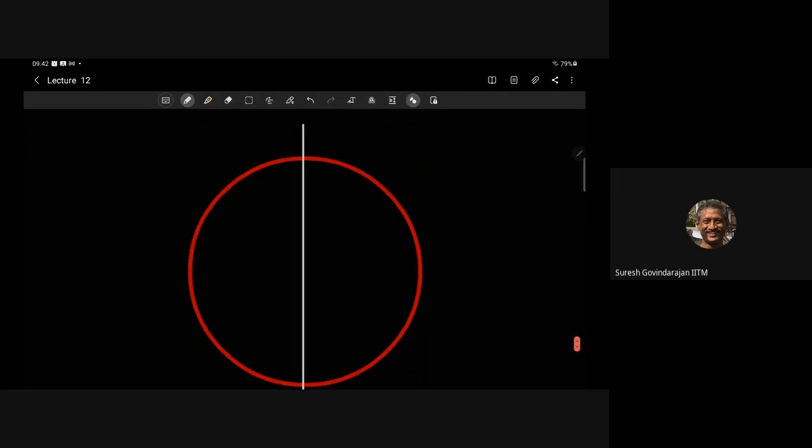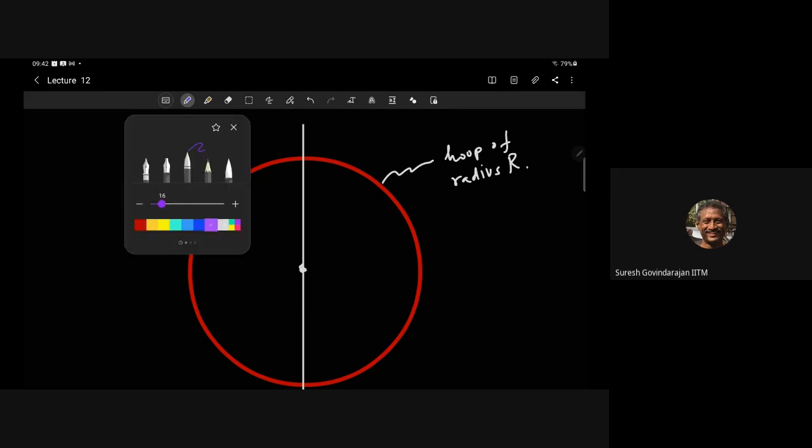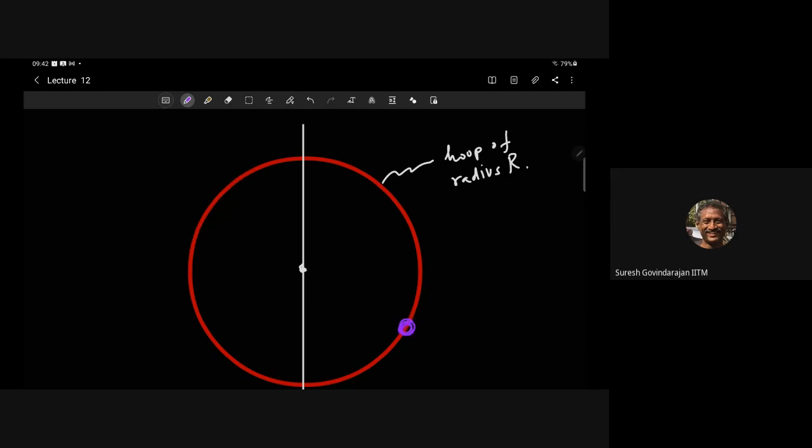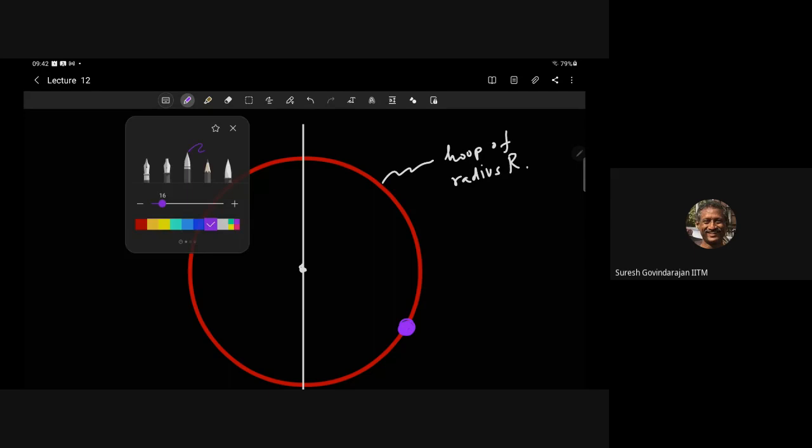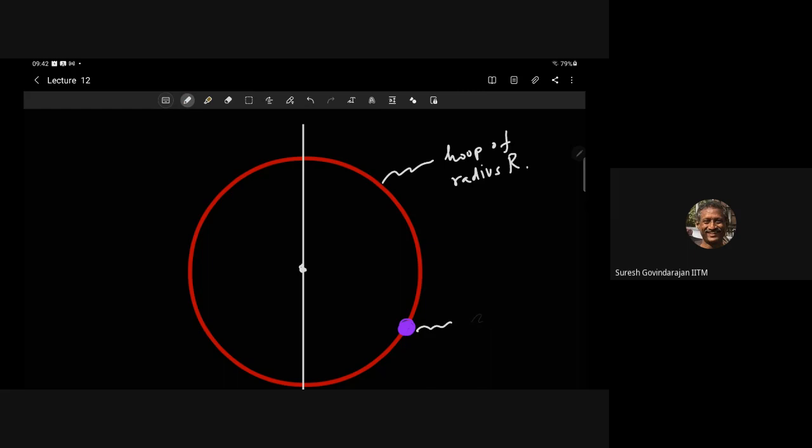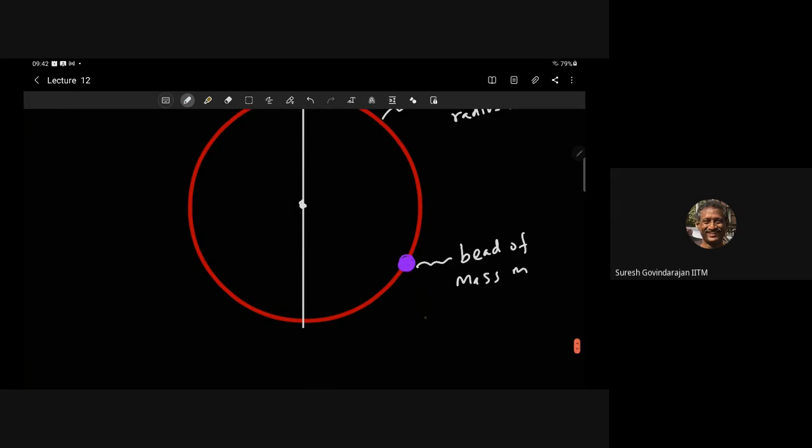So what we have is a hoop of radius r, and there is a bead of mass m, which is restricted to move on the hoop.